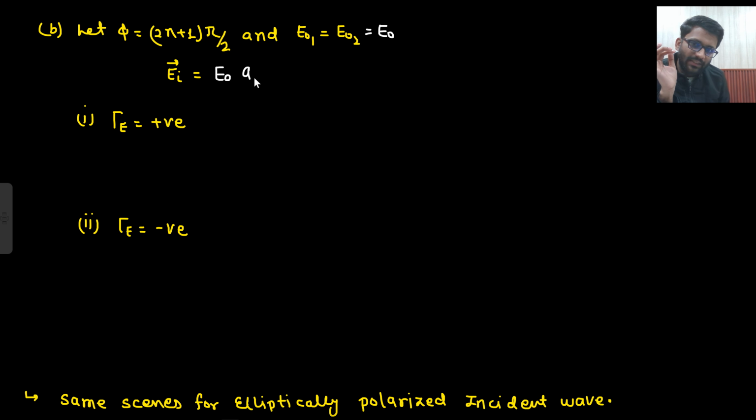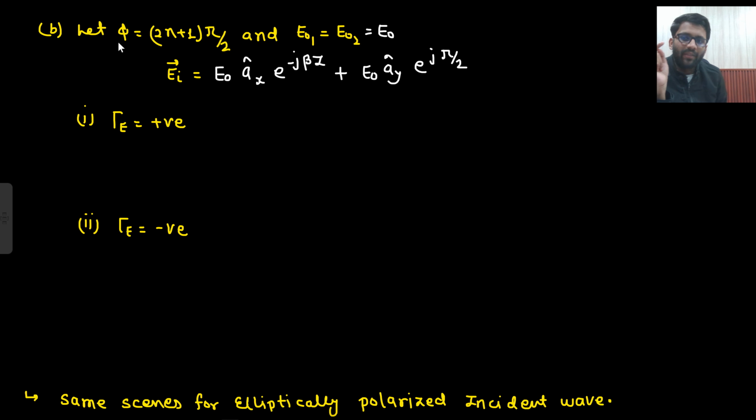So that would be, this is dancing in x direction having 0 phase, and the wave is propagating in z direction. What about the other one? It is dancing in y direction having the phase difference of pi by 2. Can I write it down in this manner? I am taking phi to be pi by 2.